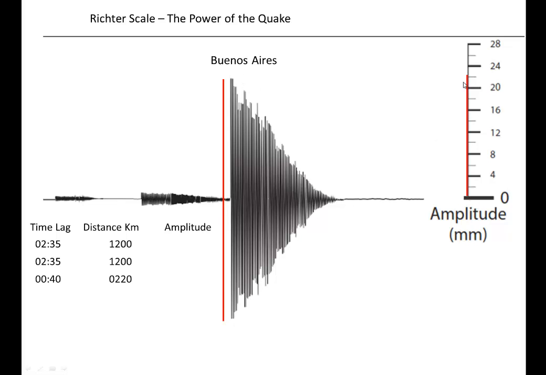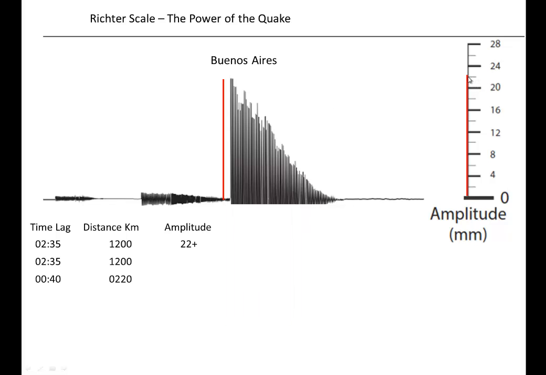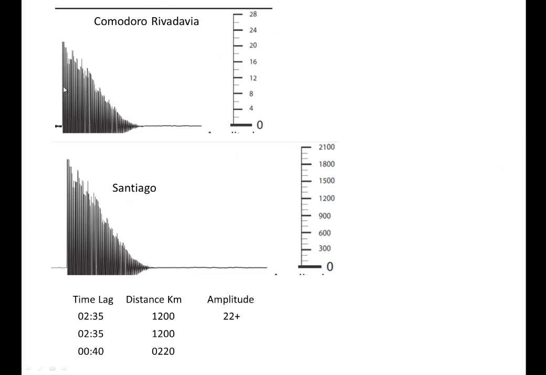So I'm going to say that this is 22 plus, a little bit more than 22. Then do the same thing for the other two cities. Mark it, come up. Looks like 20, there's 22, so that's going to be like 21.